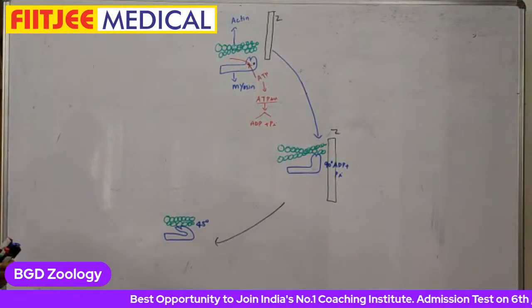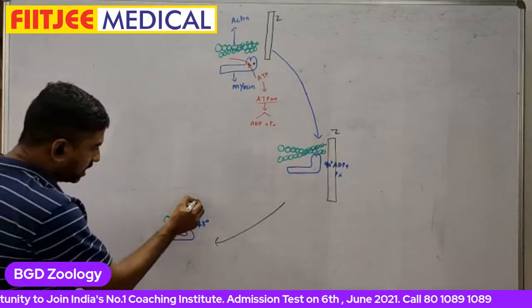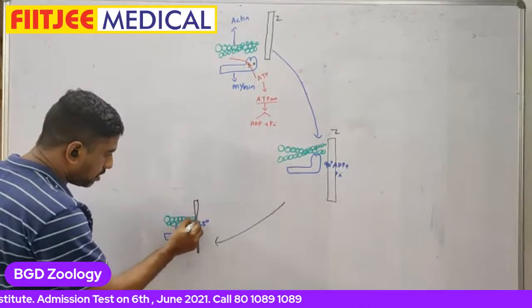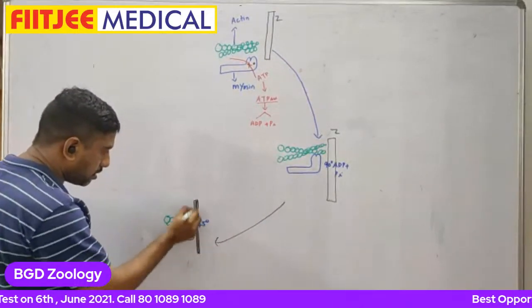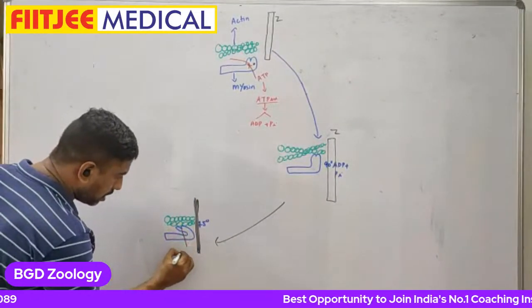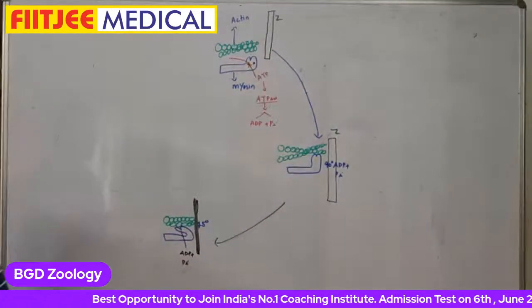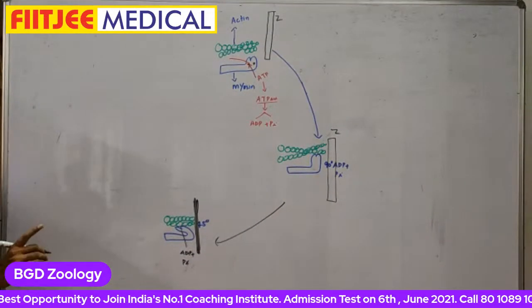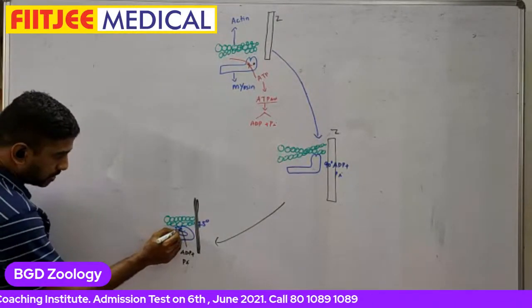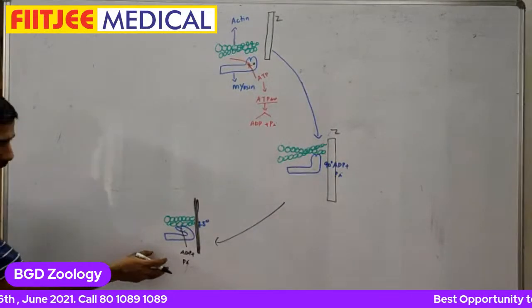And also please remember, now the contraction is at maximum, so you can see that this Z line will become very close, right? Here it is ADP plus Pi, right? Now listen to the next point. Here still ATPs. This is the enzyme ATPase. That is the ATP binding site. So now you can see that.